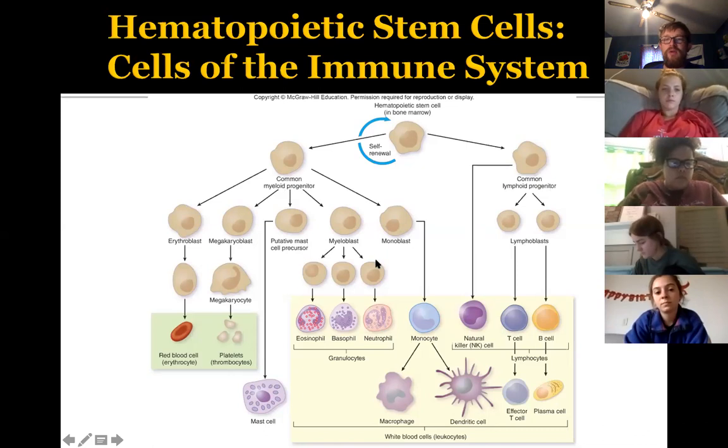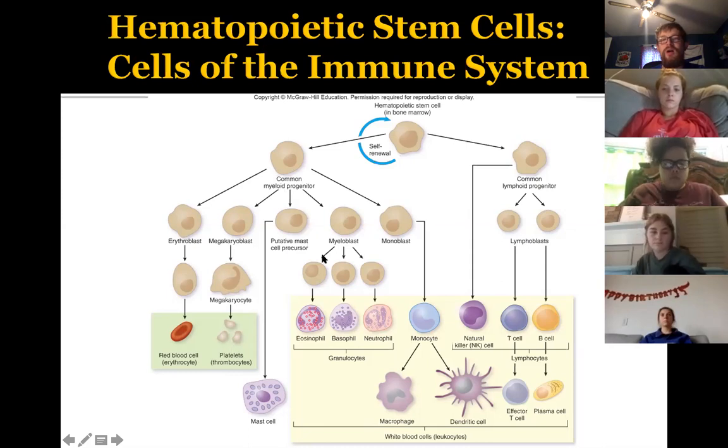What we're going to focus on over here is the left side of this chart. This common myeloid progenitor does give rise to things that are part of your circulatory system via blood, and platelets that you find there. But what we will focus on today are these granulocytes, which consist of eosinophils, basophils, and neutrophils.